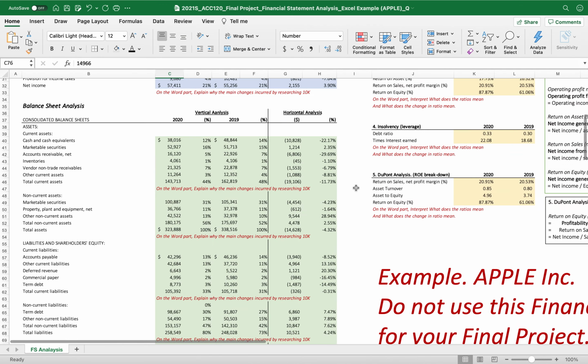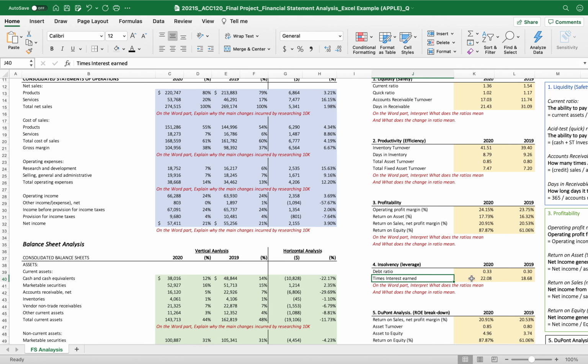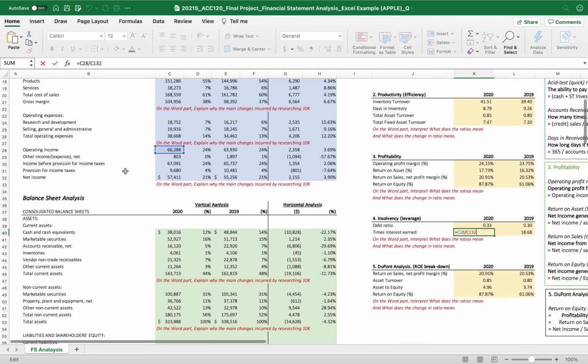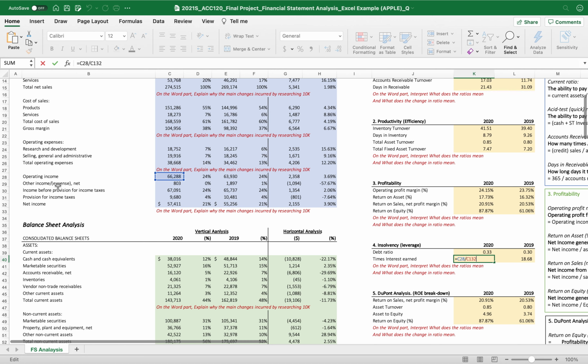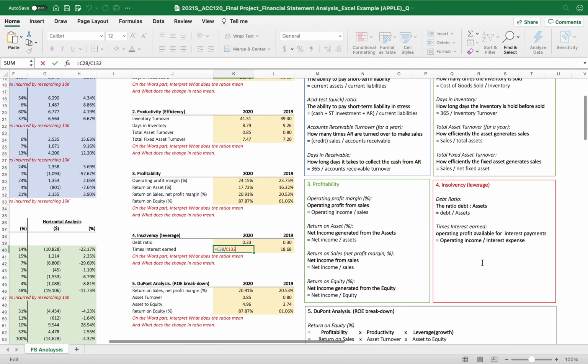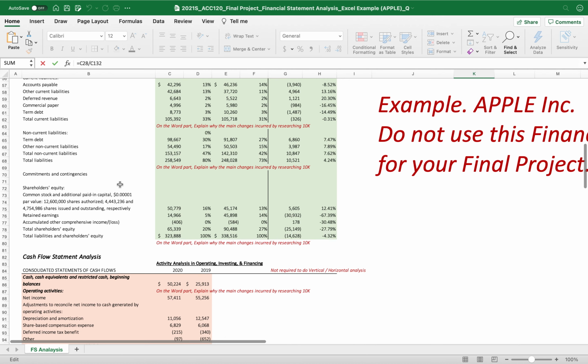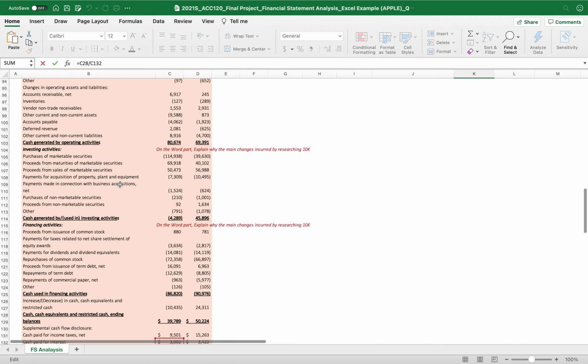Okay. Then what else? The insolvency part, particularly times interest earned. You can see operating income, but you don't see any interest there. So where is the interest? Times interest earned can be calculated as operating income over interest expense. Well, you don't see any interest expense. Where can we find it?